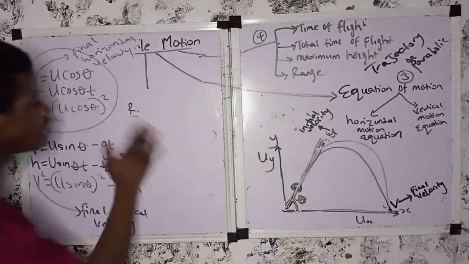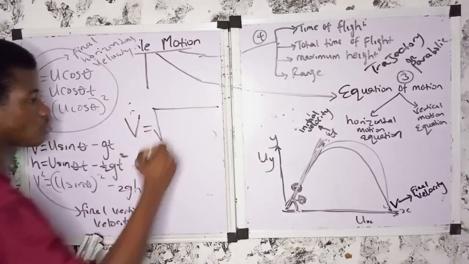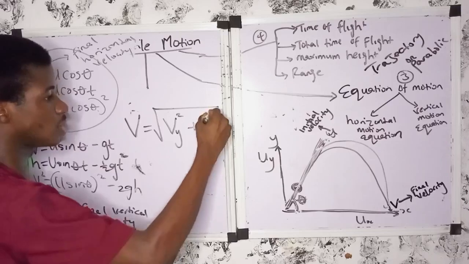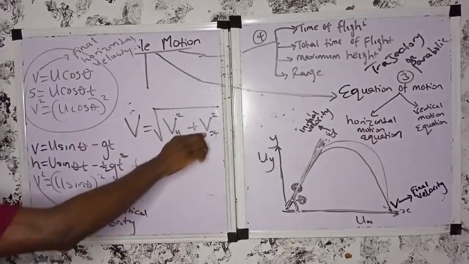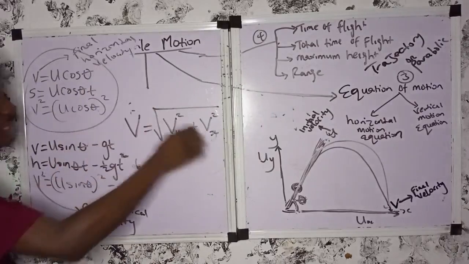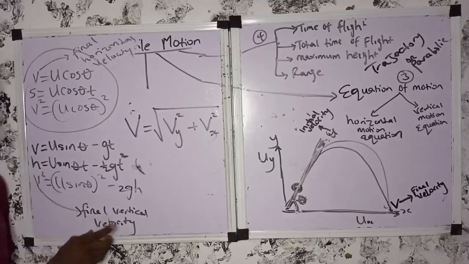Okay, now this v here, which is the final velocity, is equal to the square root of vy square plus vx square. This vx is the final horizontal velocity, and this vy is the final vertical velocity.